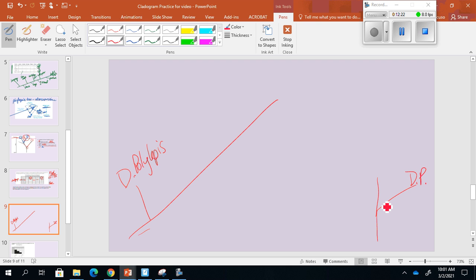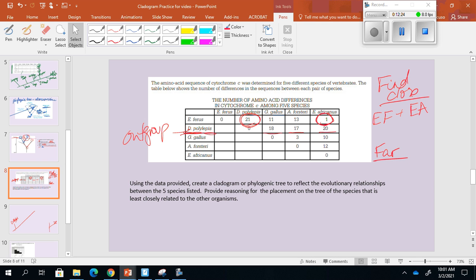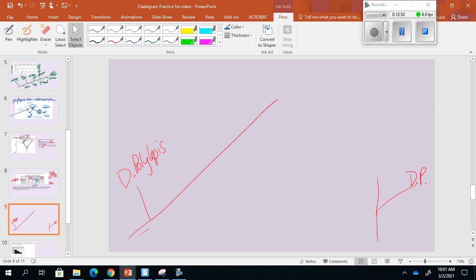All right, so now I'm going to figure out who comes next. So let's see, these two, 18 and 17 away from that. Okay, let's see, Gallus and this. All right, these are pretty close. So G and A, I want to be close, and I want the 2 E's to be close. All right, so I'm going to go like this.